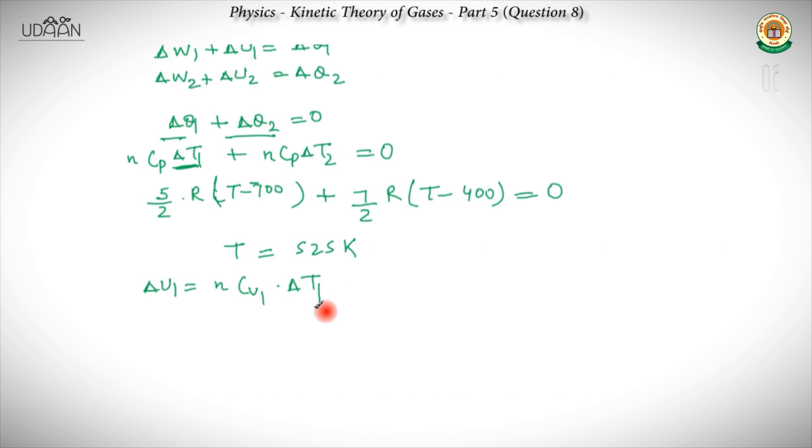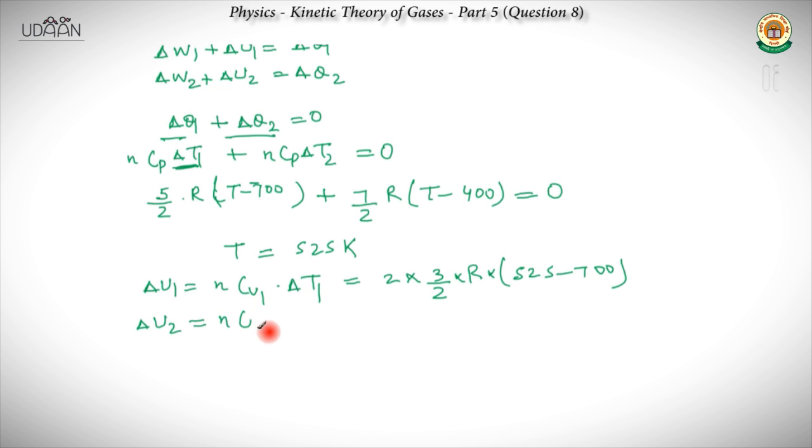This is basically because delta U is the state function, so we can just relate it with Cv and write n Cv delta T. This comes out to be 2 into 3 by 2 whole into R whole into 525 minus 700.